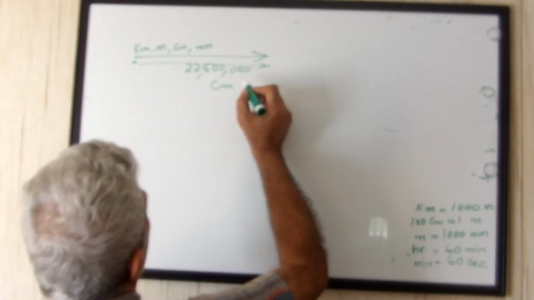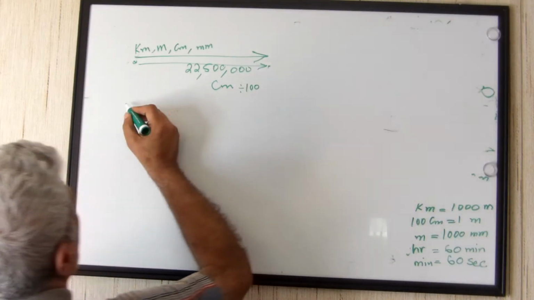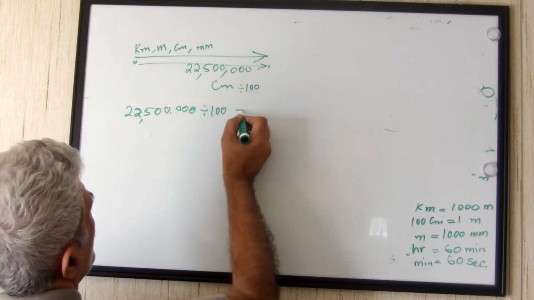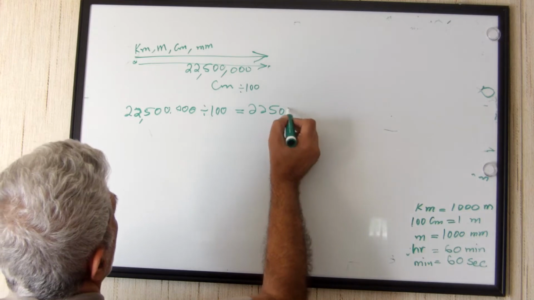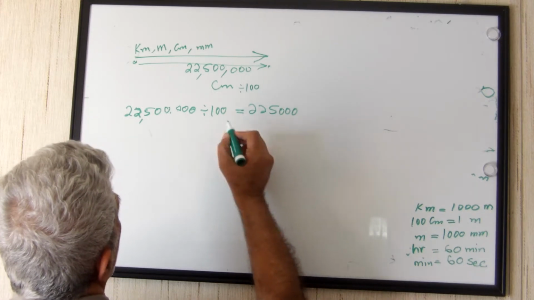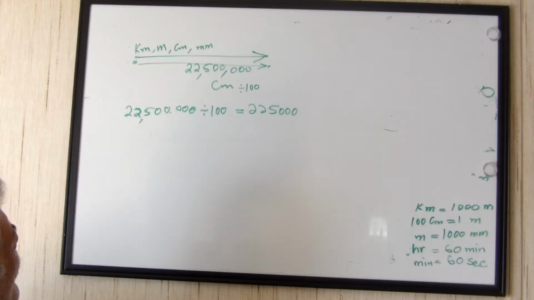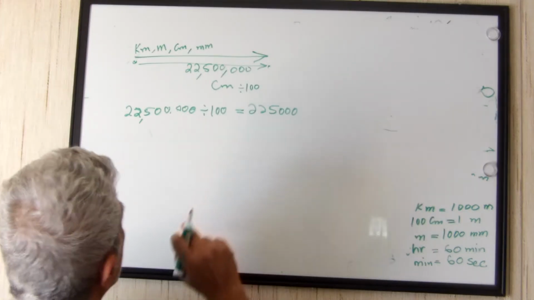If we divide by 100, it's going to be 5,000. Actually, no, two of them got cancelled.